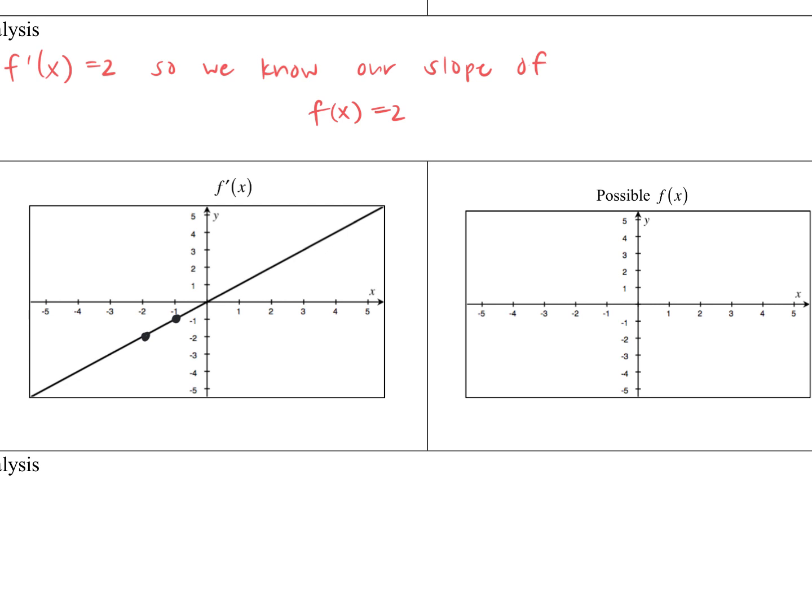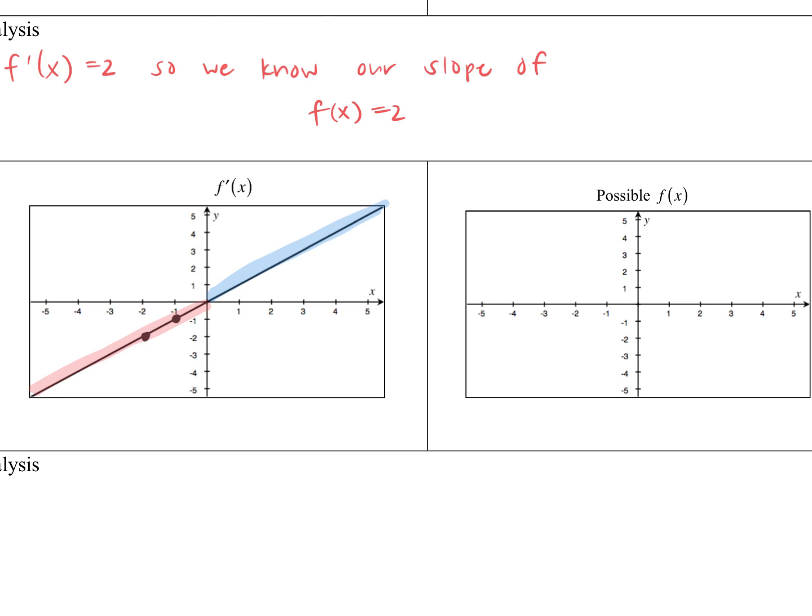To help us, we can look at where our derivative is negative and where it is positive. So if you look at this graph, our derivative is negative everywhere below the x-axis. So everything from -infinity to 0 is negative, everything to the left of 0 has a negative derivative, right? Everything to the right is going to be a positive derivative, right? It's above the x-axis.